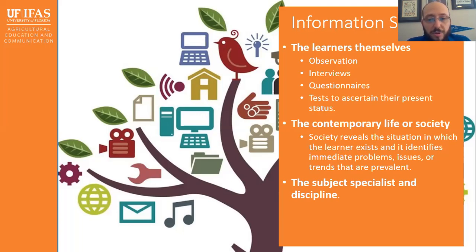For example, you can walk around and identify that there are a lot of folks in your community who are obese or struggling with different chronic diseases. So, by triangulating all of these and conferring with your subject matter specialist or discipline through the literature, you're able to get a holistic picture of what those objectives need to be to address a salient need within your community, the state, region, etc.